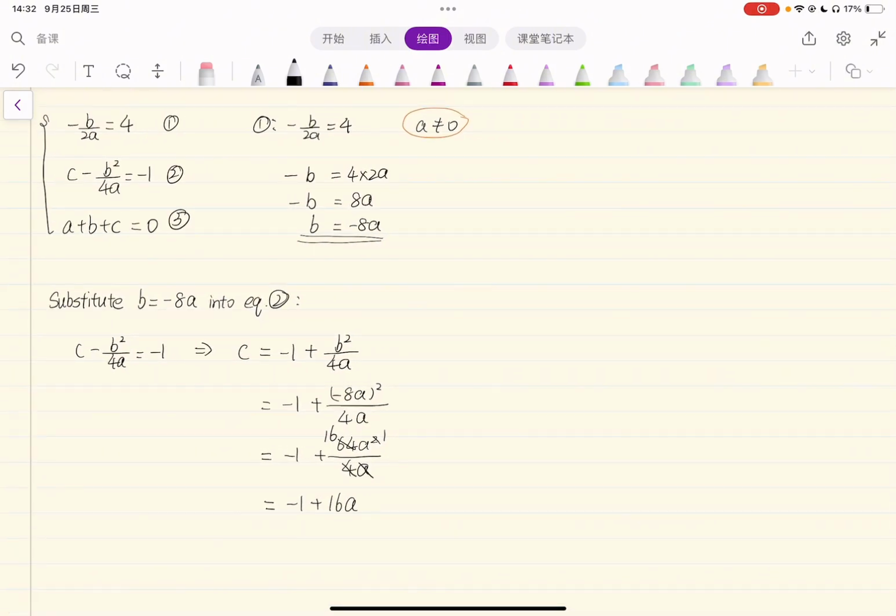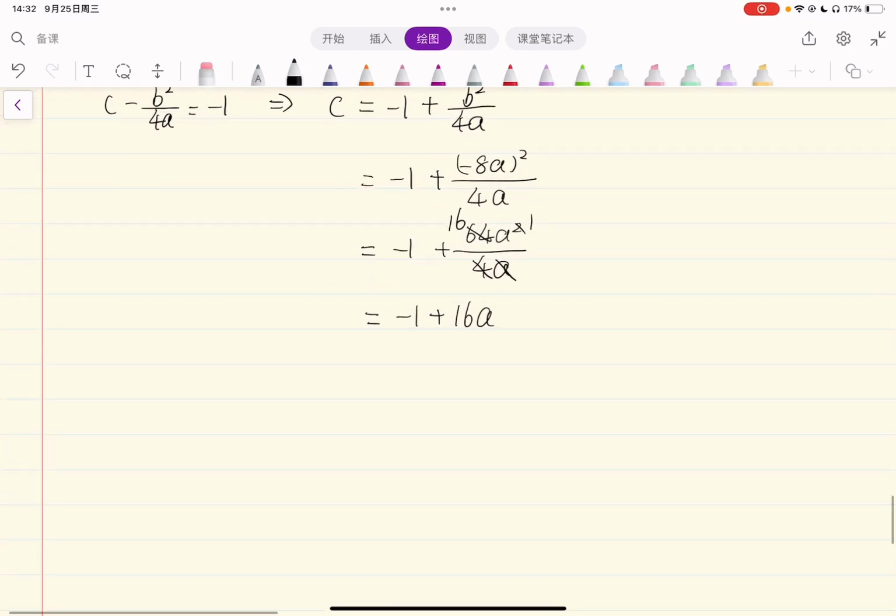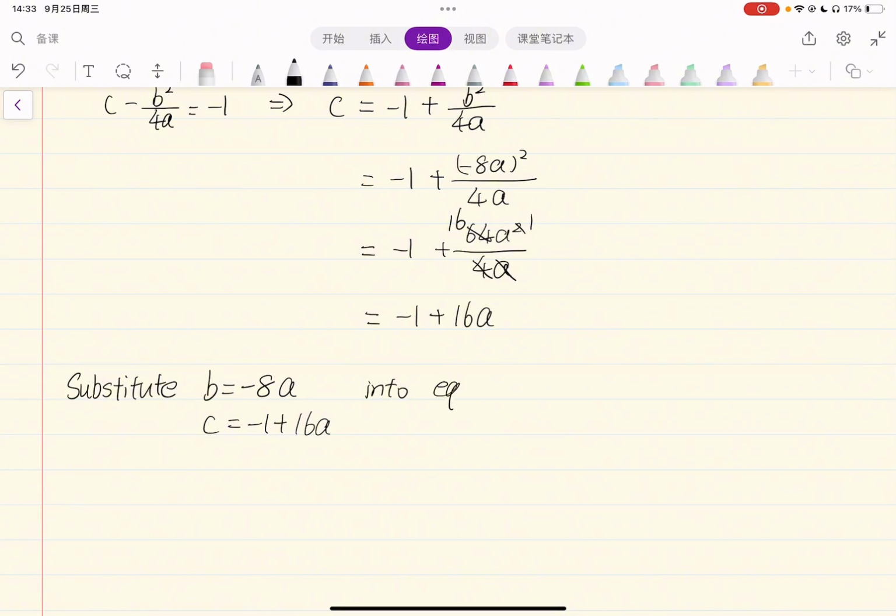Now, what we can do is substitute b and c into equation 3. So for equation 3, we only have one unknown number, that is a. So we can solve it. Substitute b equals minus 8a and c equals minus 1 plus 16a into equation 3.